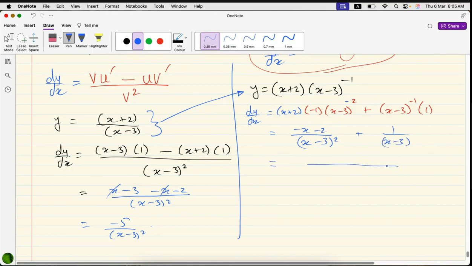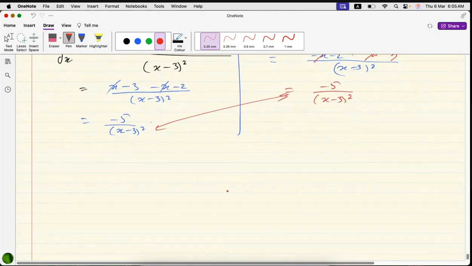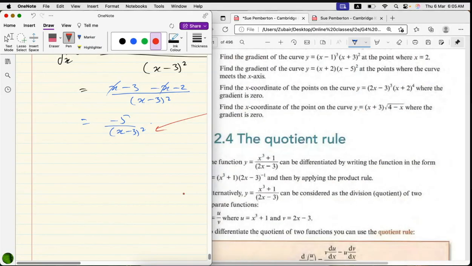We can take the LCM. That's x minus 3 whole square. Numerator is already there. Plus, now that's single 1. This is single 2. It's multiplied and 1 comes there. Now negative x, positive x goes away. Minus 3 minus 2 is minus 5 over x minus 3 whole square. So we get the same answer. So we follow the steps. We do the differentiation and get the answer.